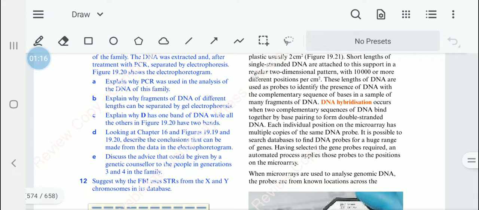So this gives us an understanding of how similar the genes and the gene sequences are to one another.